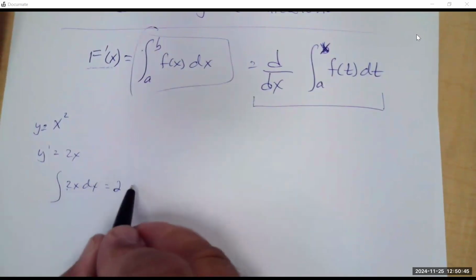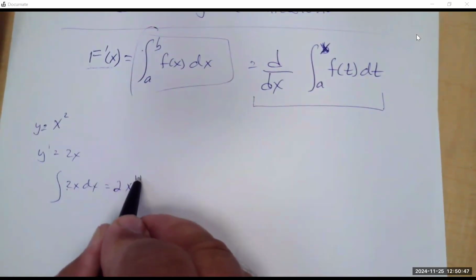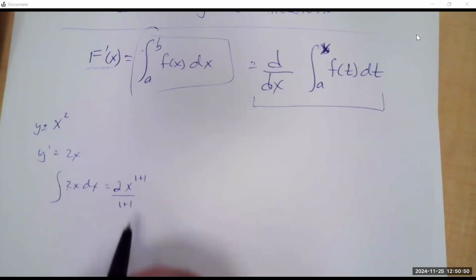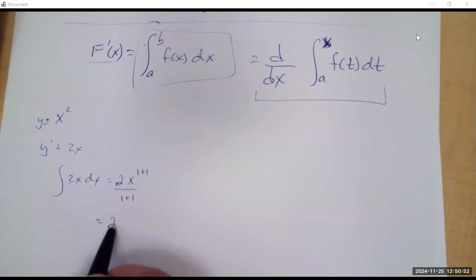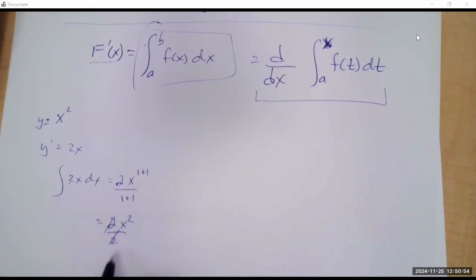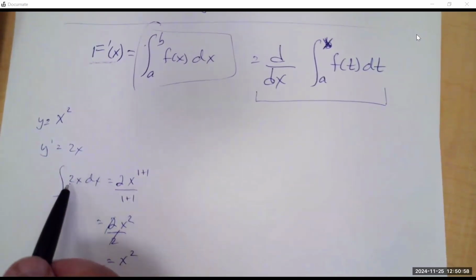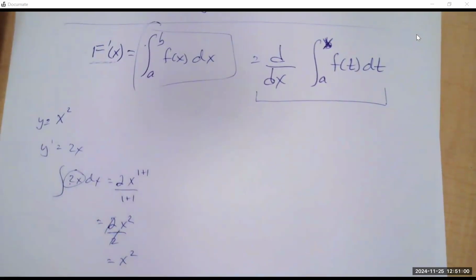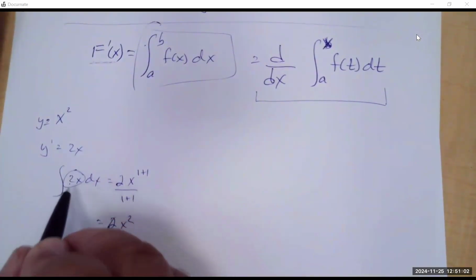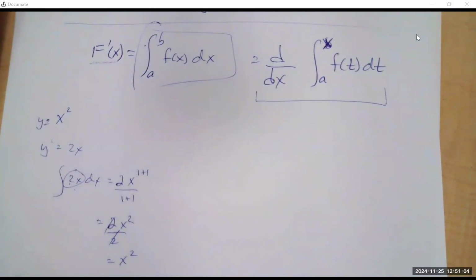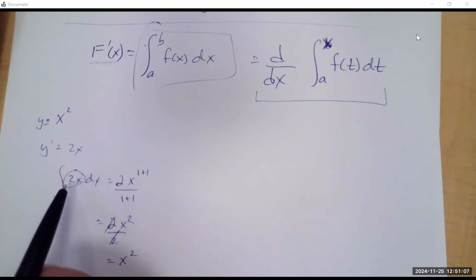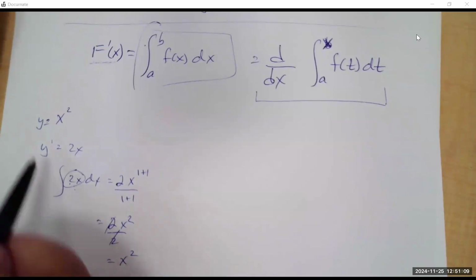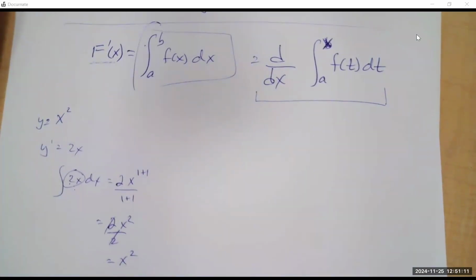There's the 2. What's the power? 1. Add 1 to it, and then divide by it. So whenever you take an integral, you're taking it of the derivative of the original function. Integral says I have the derivative, what is the original function? That's what the whole thing's about.